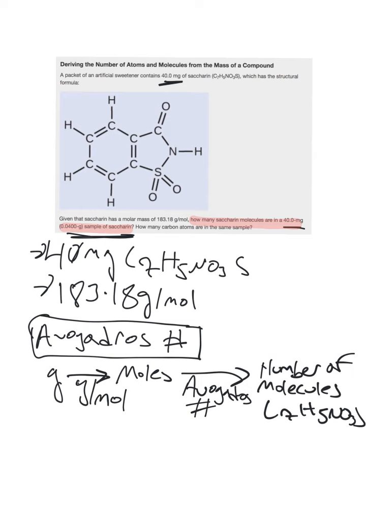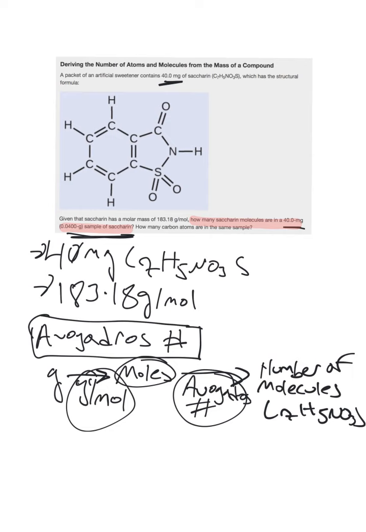As we said earlier, moles is the bridging point. It is what allows us to go from moles of something to molecules or atoms of something. You need moles to be able to use Avogadro's number in our dimensional analysis of this problem. So from grams to moles, you use the molar mass, and if it's moles to molecules or moles to atoms, you're using Avogadro's number as a conversion factor.